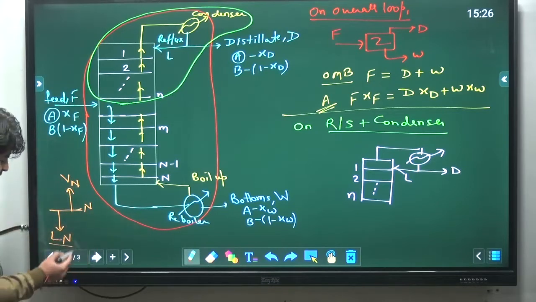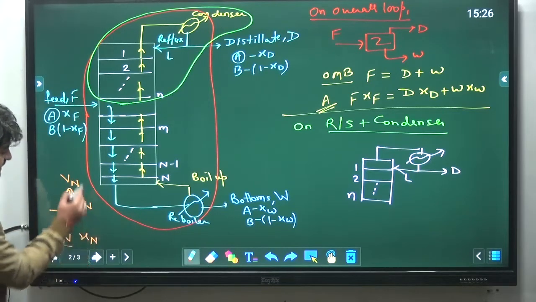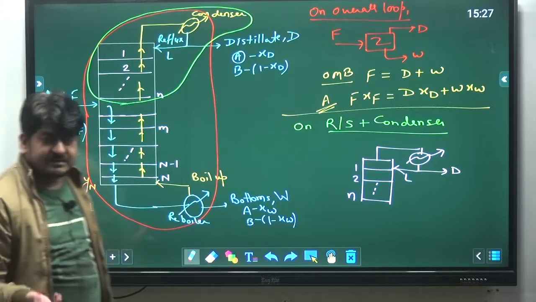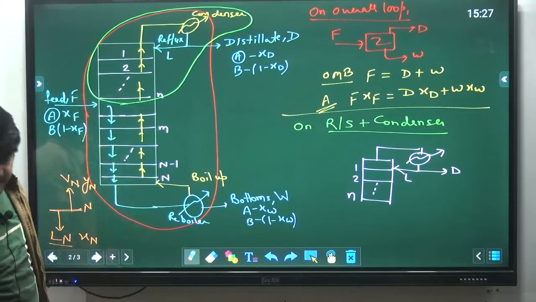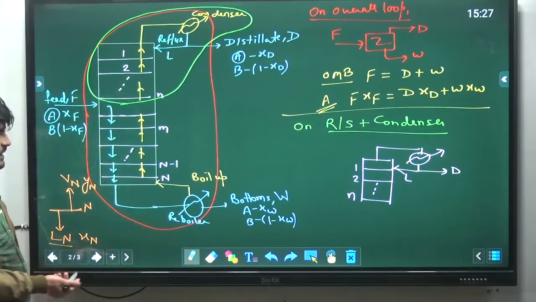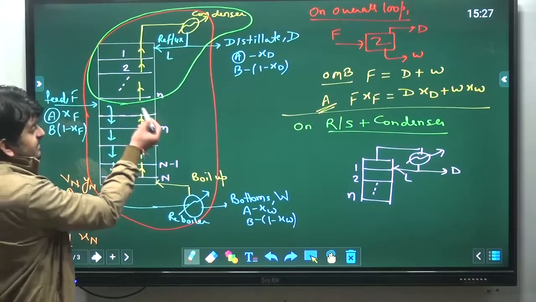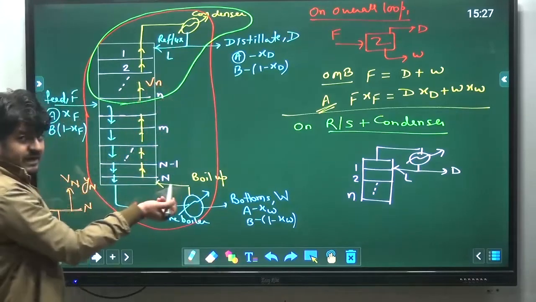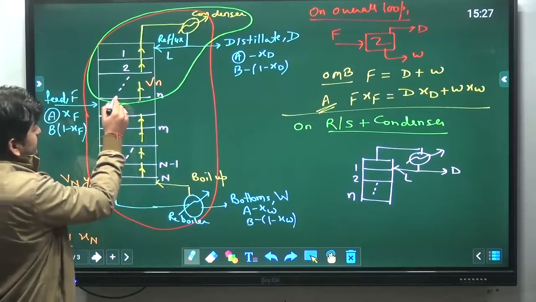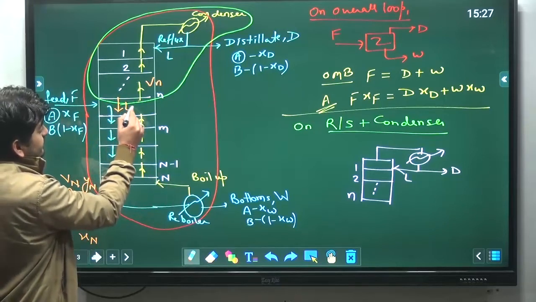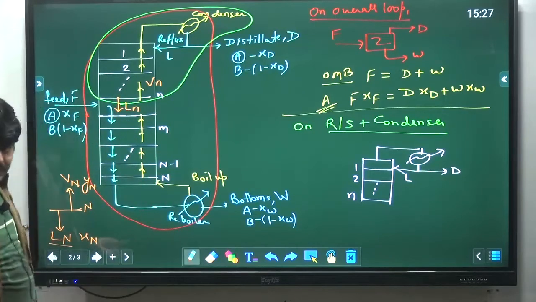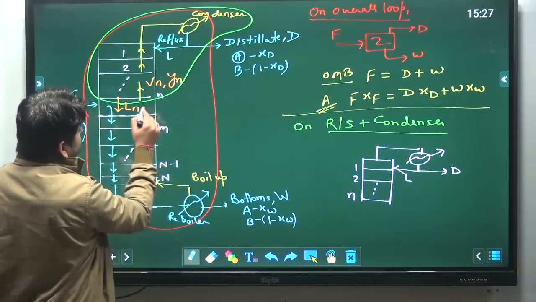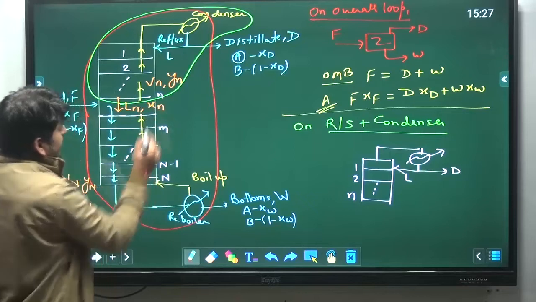Similarly, their mole fractions you can also represent like this, Xn, Yn. Okay, I hope you can understand this logic easily. This is the standard way to represent the streams. So here, this is the nth plate. The vapors leaving the nth plate have flow rate Vn, and the liquid leaving this nth plate will be Ln. Similarly the mole fraction will be Yn for vapor, and for liquid it will be Xn.